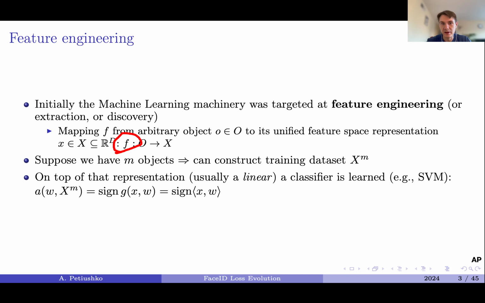For example, if we are talking about the palm itself, it can be the number of fingers, the shape of the palm, the inclination, et cetera. But it's quite difficult to construct this function f for every task, and we probably don't know in advance whether this mapping is optimal.